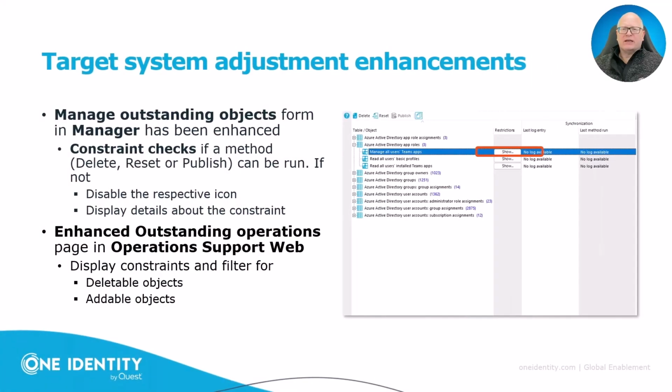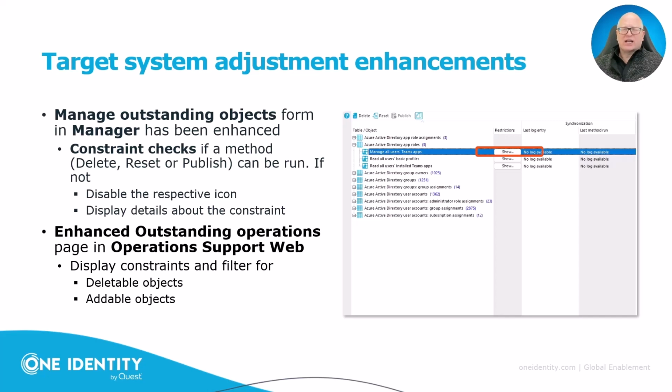In case of managing outstanding objects, we have some improvements as well. First of all, there is now a constraint check for delete, reset, or publish operations. In difference to that, these things were just shown, and you click on it and then there's an error message that says it's not possible because of XYZ.